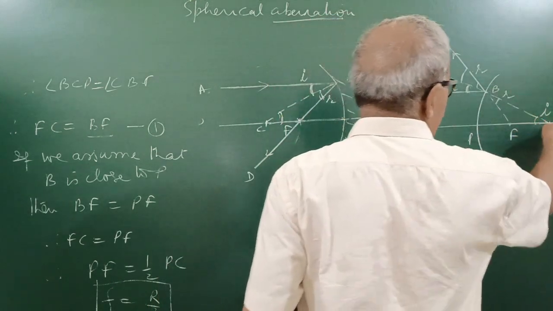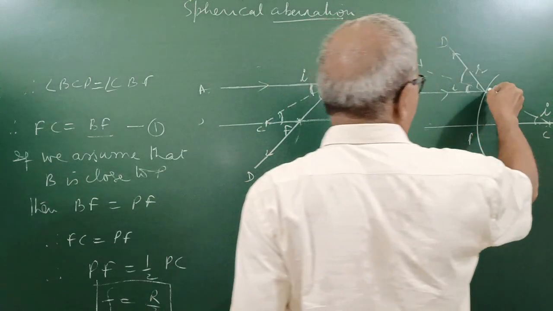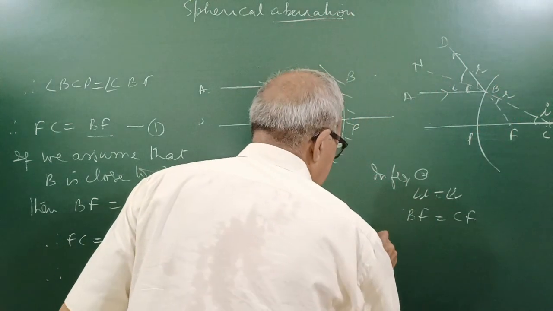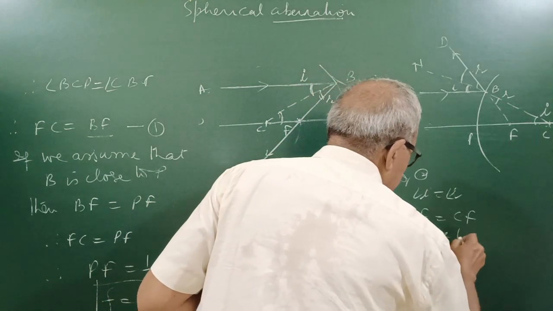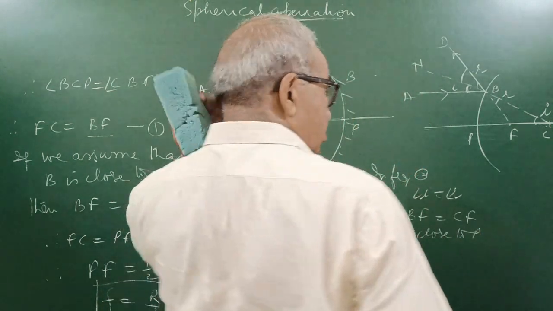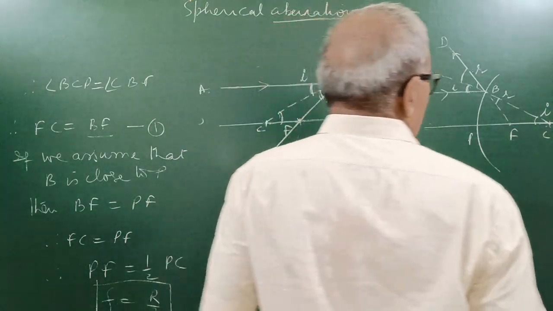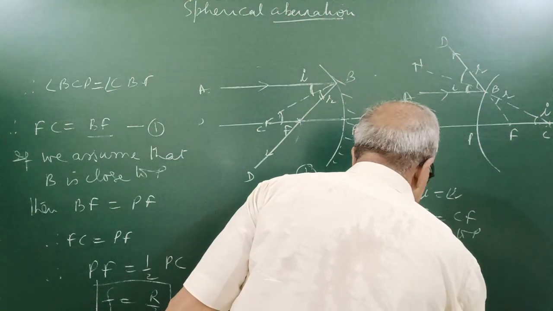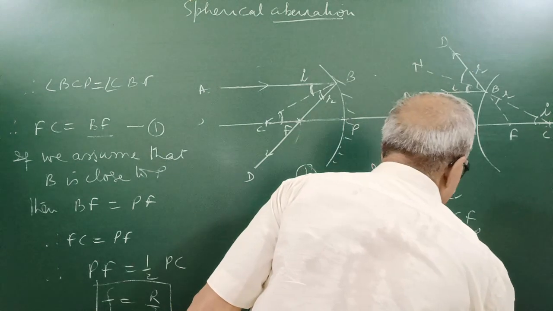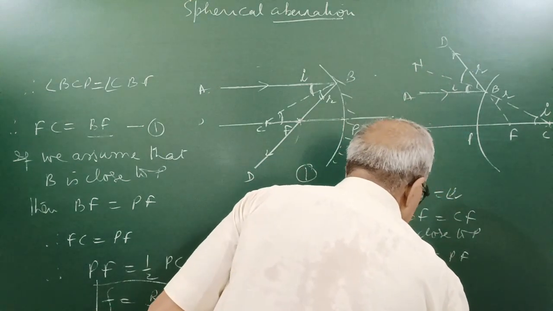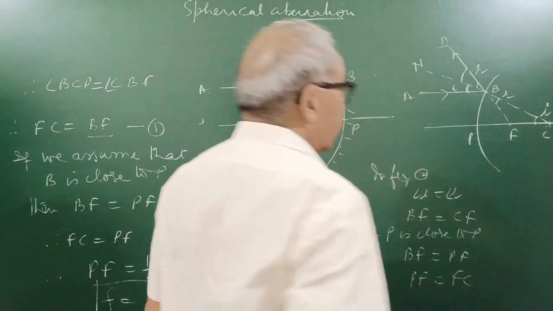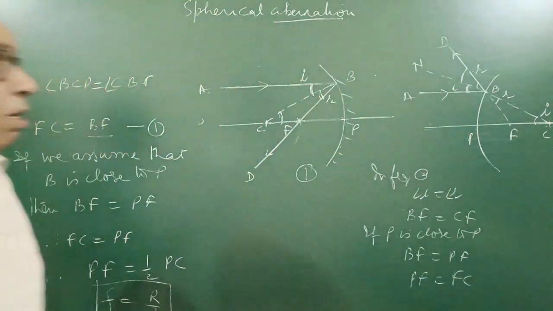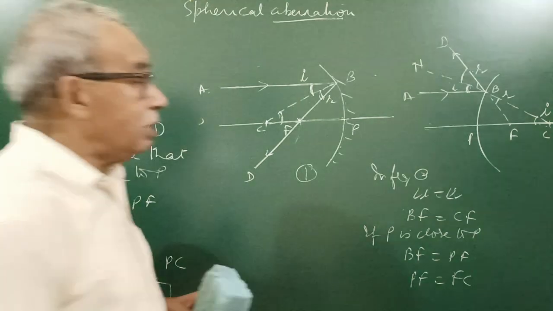Again, point B is close to P. If B is close to P, then BF is equal to PF, and hence PF is equal to FC, and hence PF is half of PC.